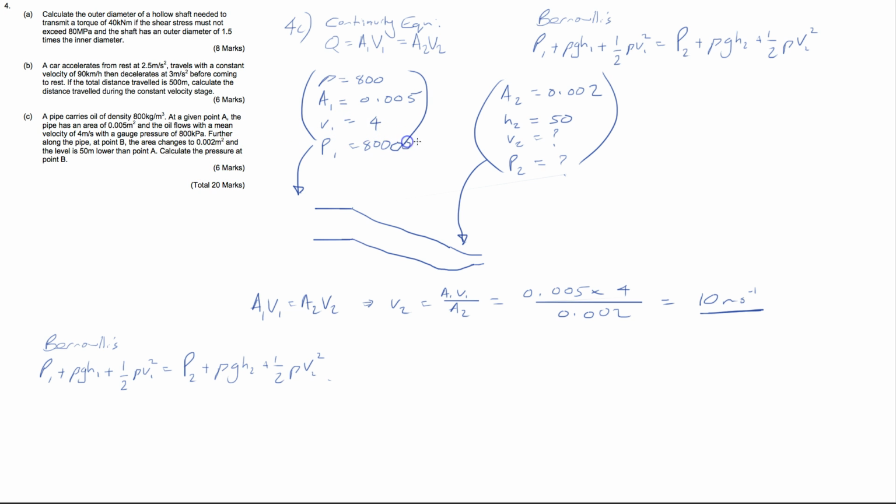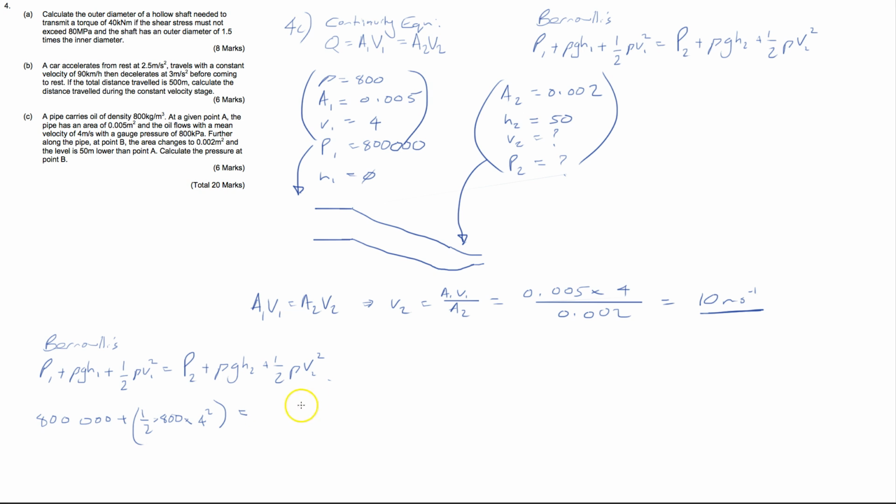That's careless, Kevin. 800,000, 800 kilopascals. So as long as you catch it, it's okay. Plus rho g H1. I'm not going to bother with that because H1 is 0. So plus a half rho V1 squared. So rho is 800. Check that, 800, yeah. Times V1 squared, which is 4.